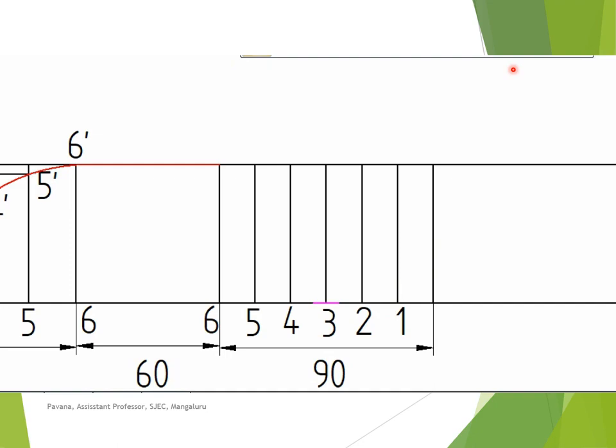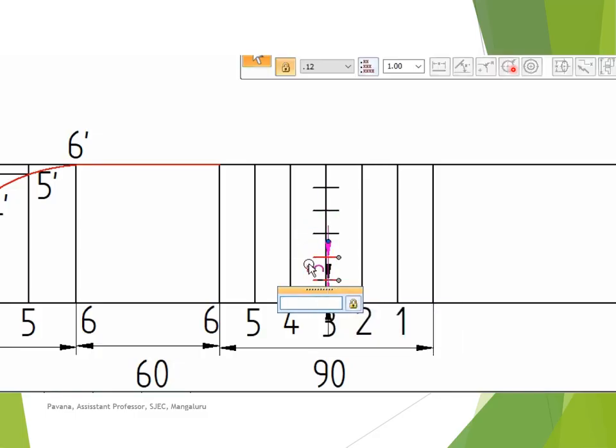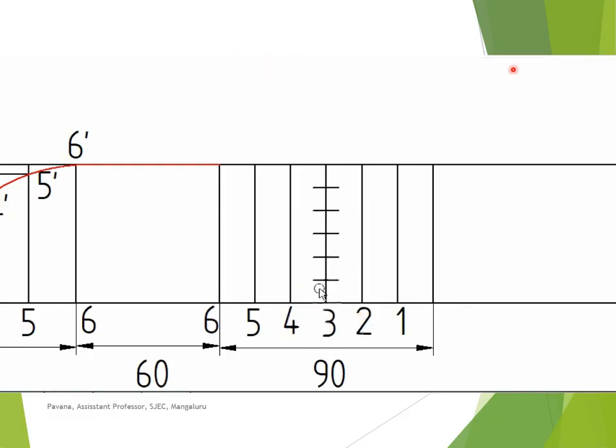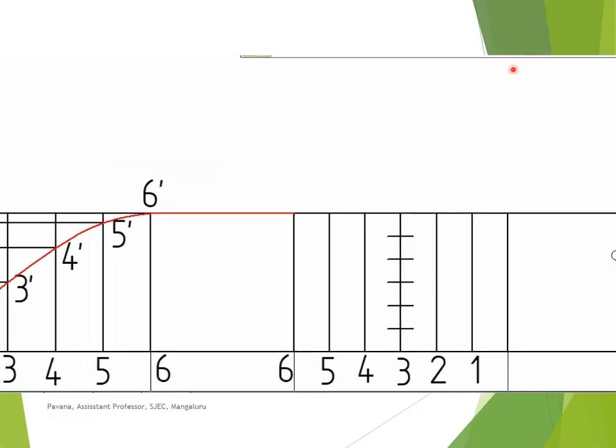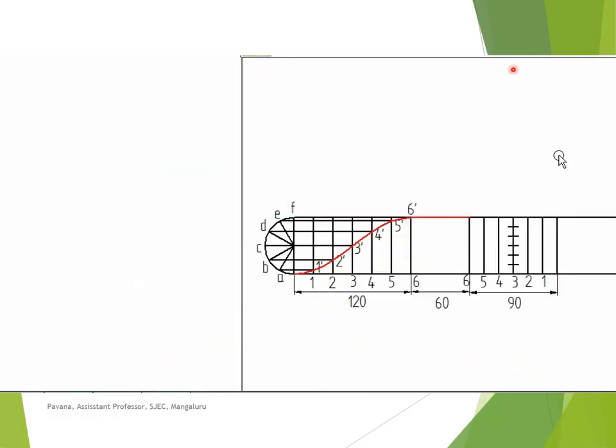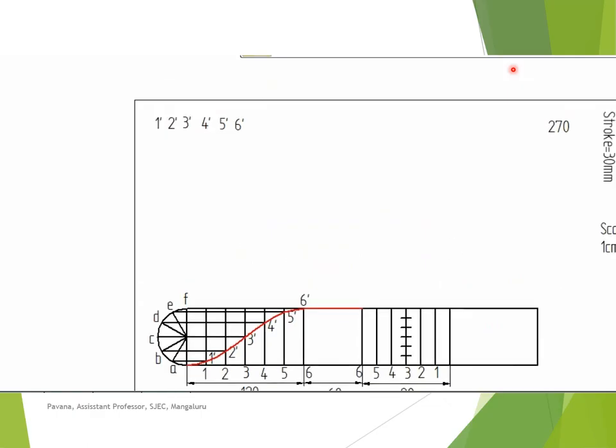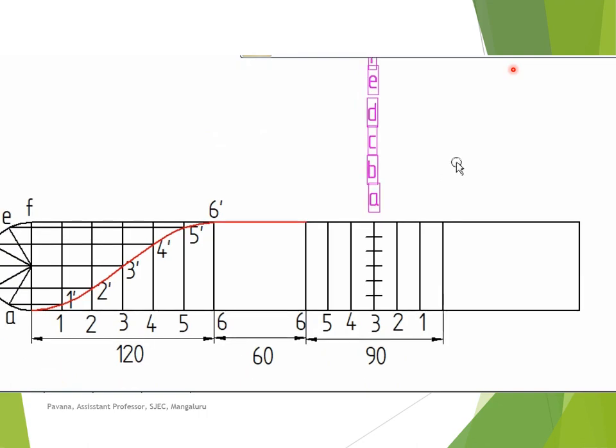Equal 6 parts. If you divide into 8 parts, this also you have to divide into 8 parts. Now only 6 parts are there, so divide that into 6 parts. No need of writing any dimension. So divide like this into 6 parts. A small line is enough. These points you have marked here, name them with alphabets A, B, C, D, from the bottom.